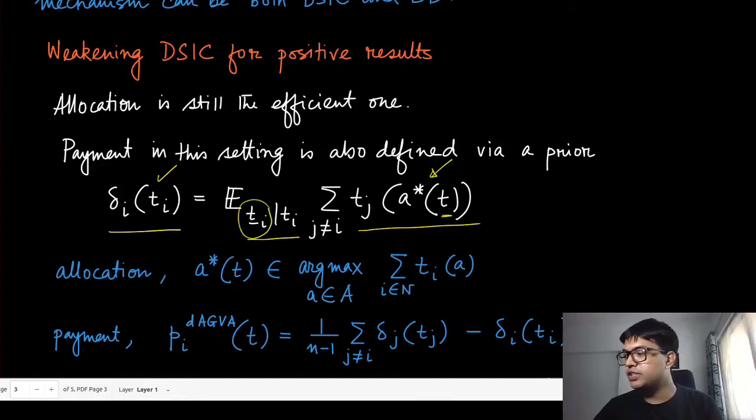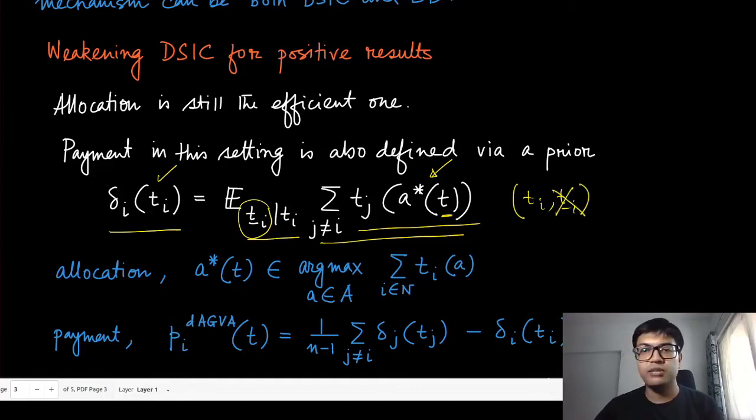So even though the original sum was a function of both Ti and T minus i, because this is now being expected over T minus i, it ceases to be a function of T minus i. So this finally becomes just a function of Ti.